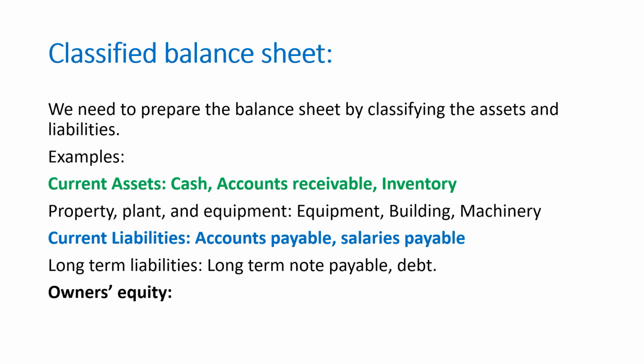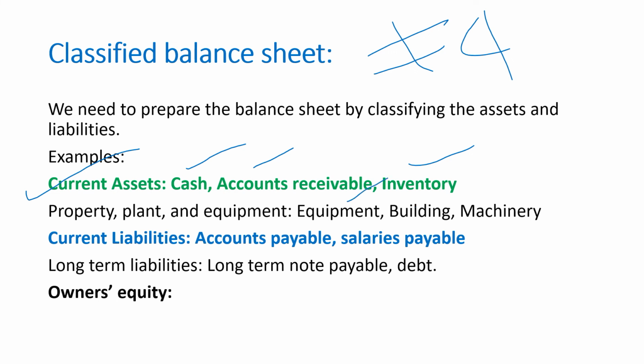And the classified balance sheet, this is from chapter 4. We need to prepare the balance sheet by classifying the assets and liabilities. For example, we'll be classifying current assets, say cash, accounts receivable, inventory. Then property, plant, and equipment, such as equipment, building, machinery, long-term assets actually.